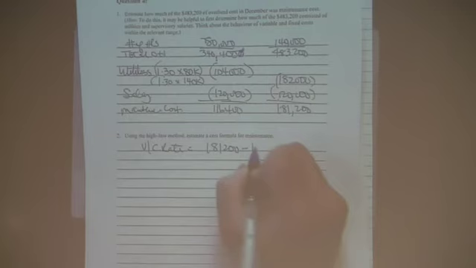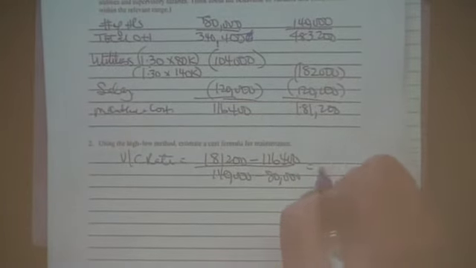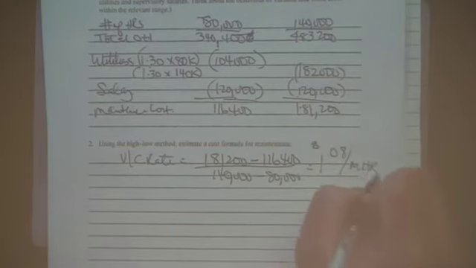So, we need to come up with variable cost rate is 181,200 minus 116,400 divided by 140 minus 80. 108 per machine hour.